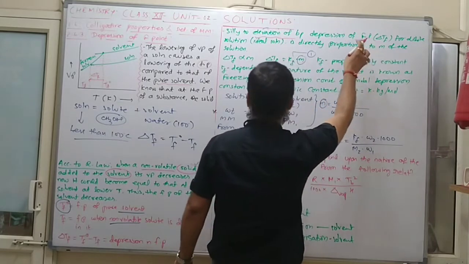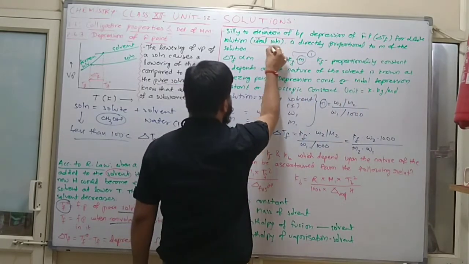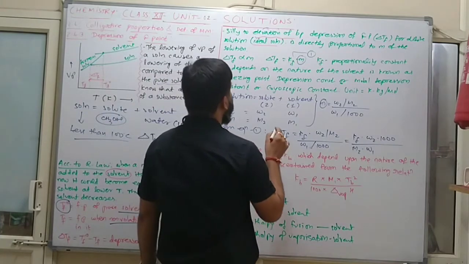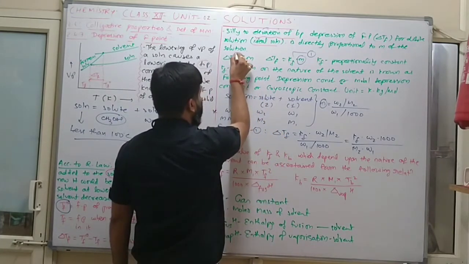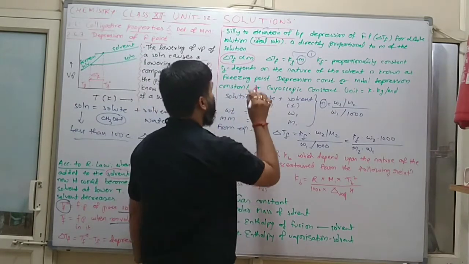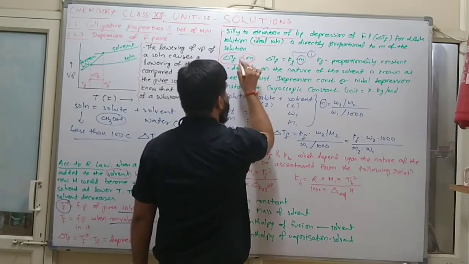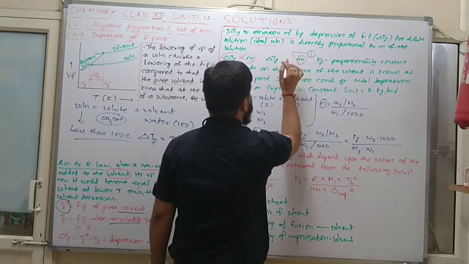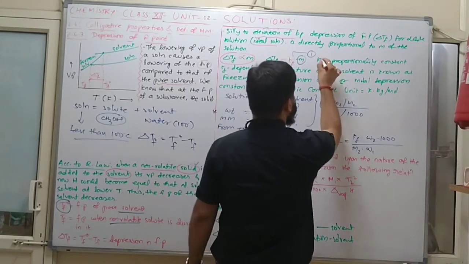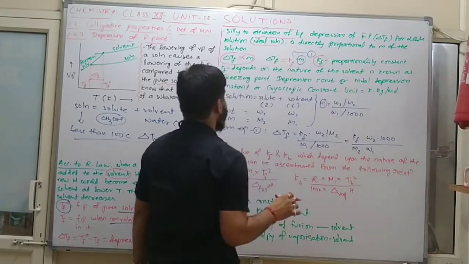Similarly to elevation of boiling point, depression of freezing point for a dilute solution, which means an ideal solution, is directly proportional to the molality of the solution. So delta TF is directly proportional to m. तो जैसे ही proportionality symbol जाता है, here Kf will come. Kf is the proportionality constant.